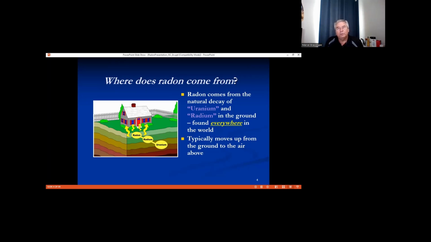It typically moves up from the ground to the air above. When it comes out of the ground outside, it gets quickly diluted in the air. So typically for measuring radon outside, the levels would be very, very low. When it infiltrates inside of a home, nowadays we have the tendency of building our homes very, very airtight.